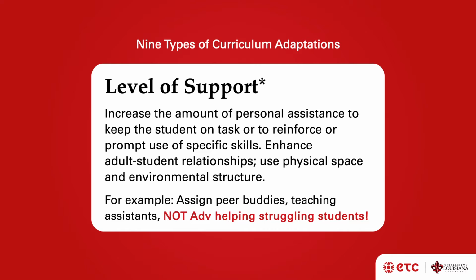If you put the advanced student with your struggling students, then both of them will be frustrated. The advanced student will be frustrated because they don't understand why this other student does not understand something that is clear to them. The other student who's struggling will then feel embarrassed because they're not understanding something and they're frustrating their friend or their peer. So you really want to make sure that you do not put high-level students with low-level students.